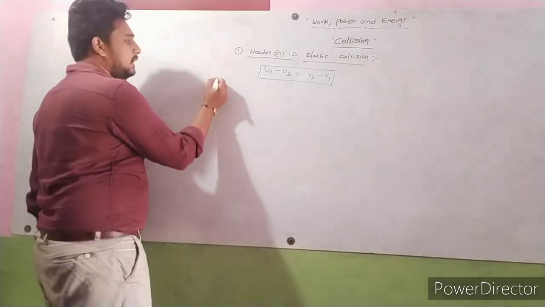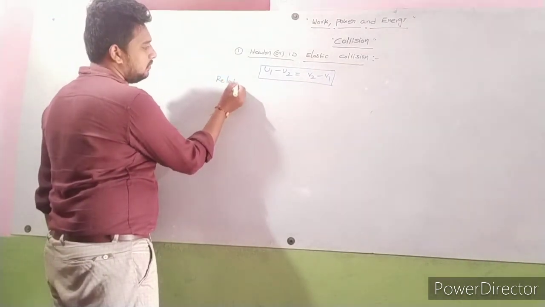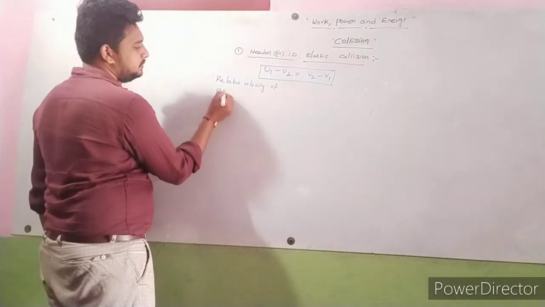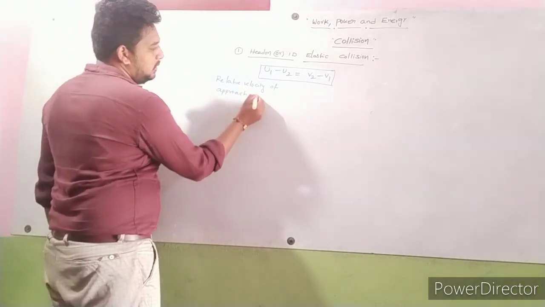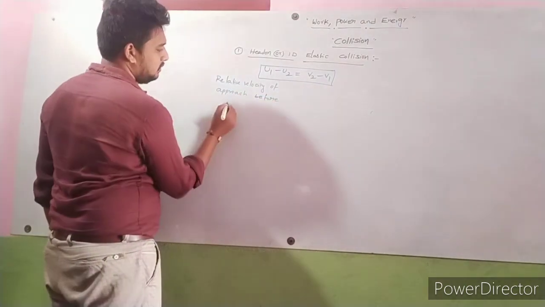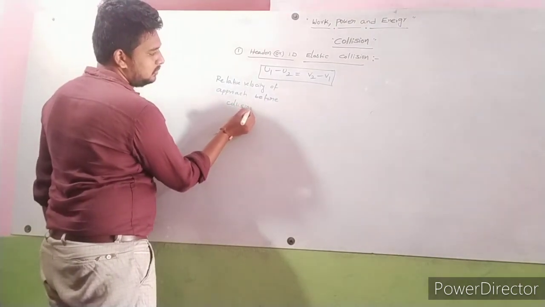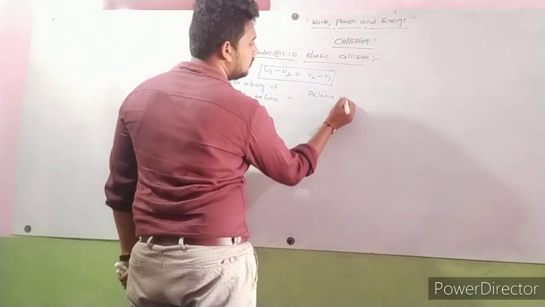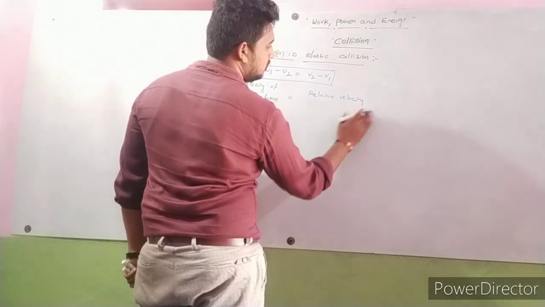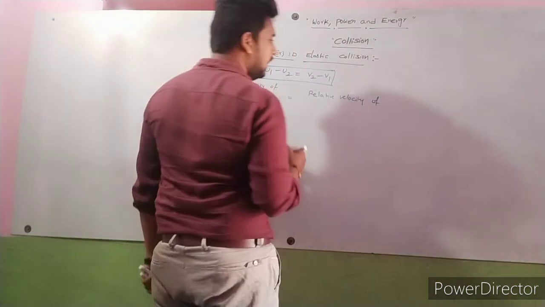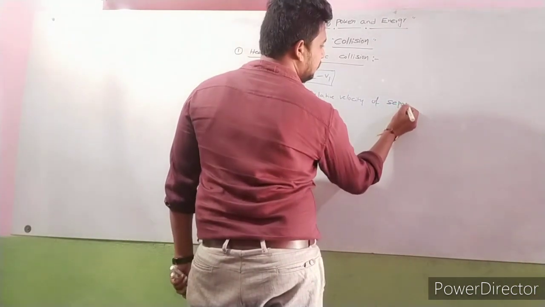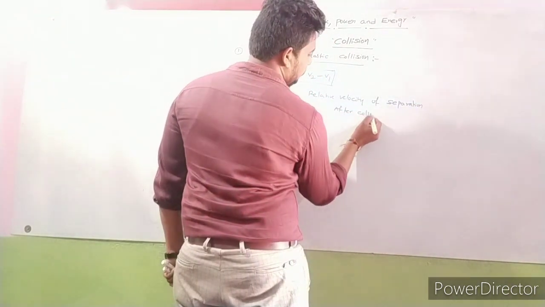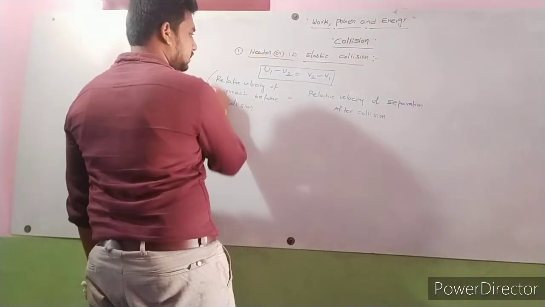So from this, the relative velocity of approach before collision is equal to the relative velocity of separation after collision. So this we got.